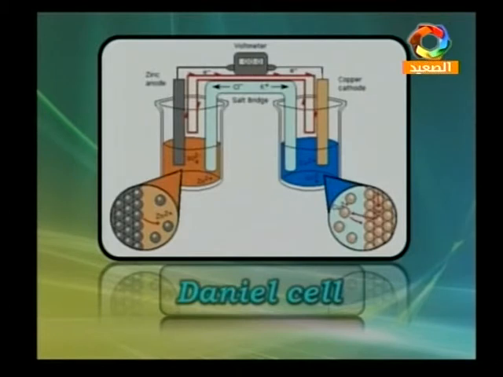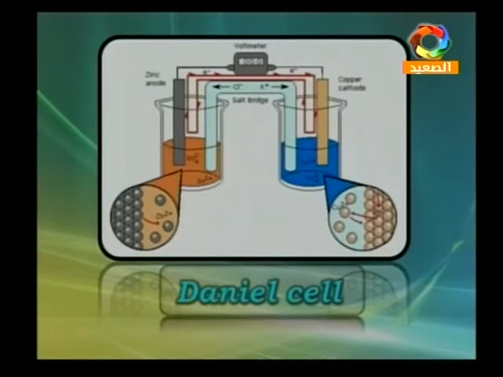What's meant by this? We have two beakers, as we see in the video. One of them contains a zinc bar as the anode, or positive electrode, and the other has copper as the cathode, the negative electrode.